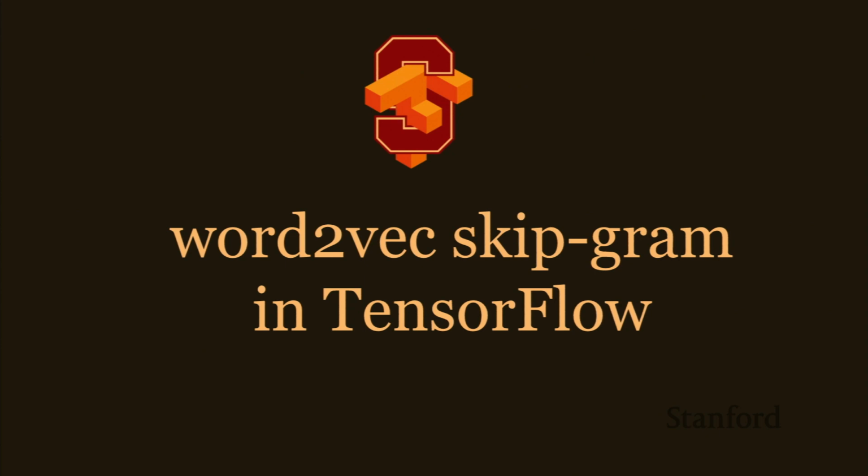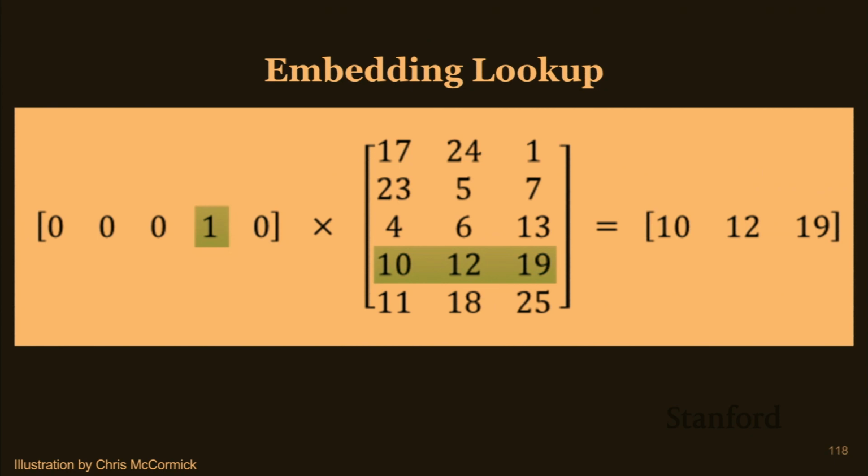Okay, so I think you guys have already learned word2vec, right? So I think it might be a good example to do word2vec in TensorFlow as well. Before we go into the code, I just want to go over a couple of things. First is embedding lookup. We have a one-hot vector, and you want to get the embedding corresponding to that.